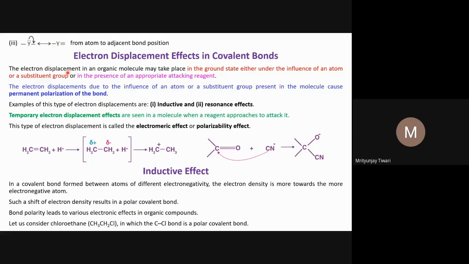So the electron displacement in an organic molecule may take place in the ground state either under the influence of an atom or a substituent group or in the presence of an appropriate attacking reagent.